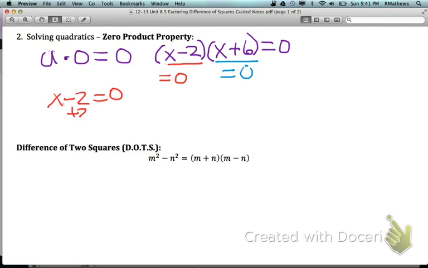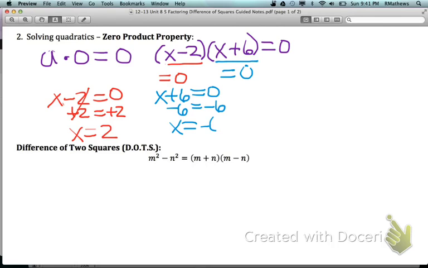We add 2 to both sides of the equal sign, and so that cancels and we get x equals 2. So that's our first answer. But we also have another answer, because we can say x plus 6 equals 0, subtract 6 from both sides of the equal sign, so x equals negative 6. So there are two possible solutions, and let me just show you how that would work.